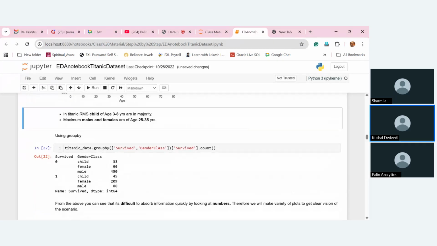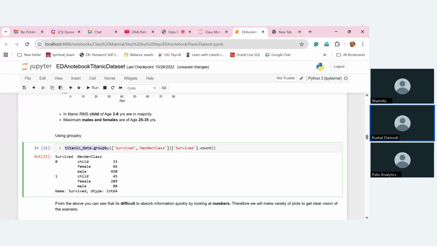Now let's compare the gender class with survived. So what we are doing is Titanic dot data group by. This group by we learned in pandas, remember? We are grouping this data based on survived first, and then gender class, and then we are taking the count of the ones who survived.